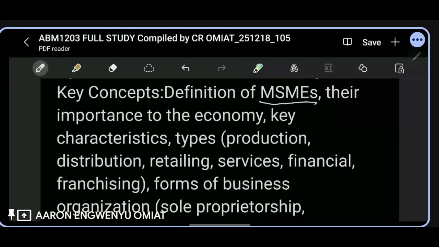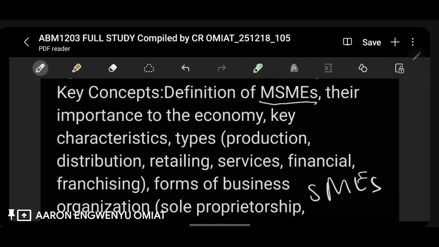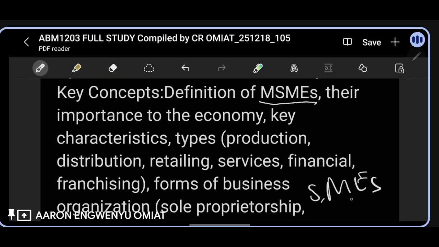Let's start with a simpler one. SMEs. Do you know the full form of SMEs? SMEs are small and medium enterprises. So MSMEs are micro, small, and medium enterprises.